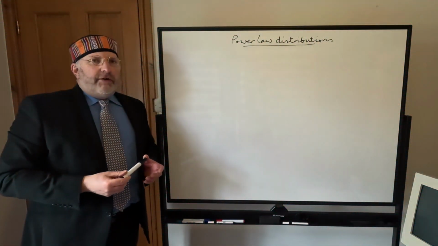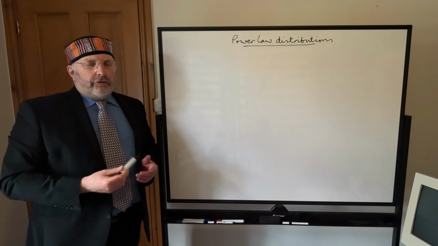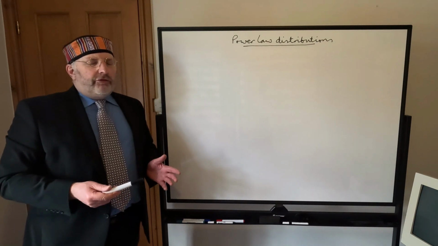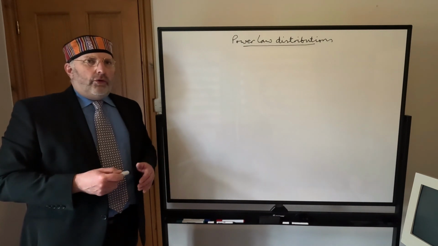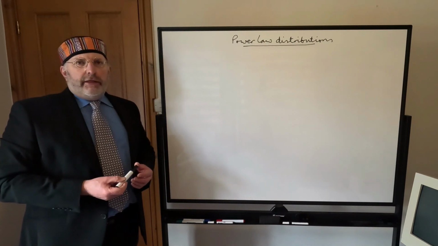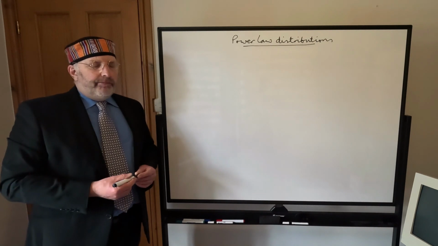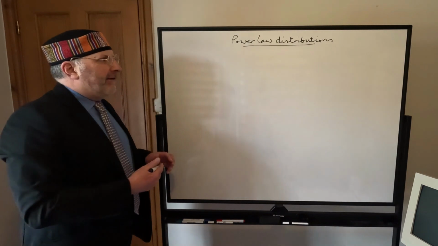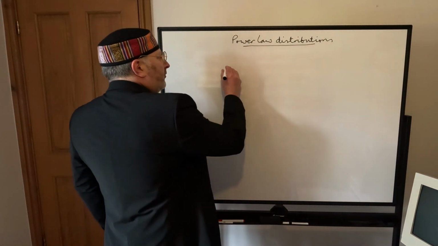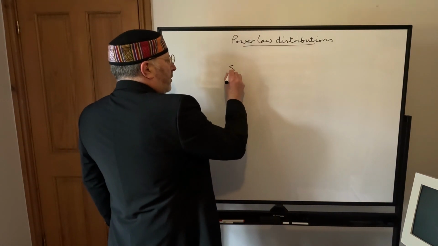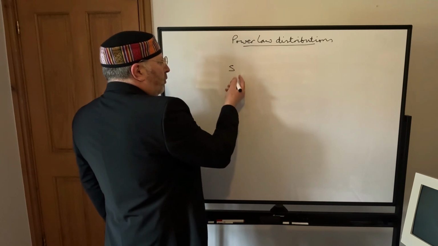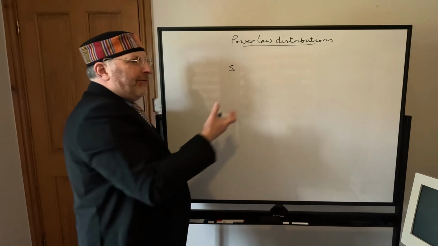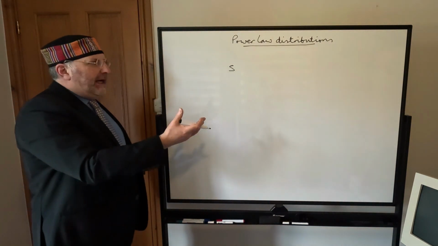Okay, so I said that we find power laws in socio-historical processes, and what we usually mean by that is that there is a power law distribution in the socio-historical data. So what we're talking about is a set of items that have a size associated with them. So it might be wars. S is the size, so that would be the severity of the war, the number of people killed.